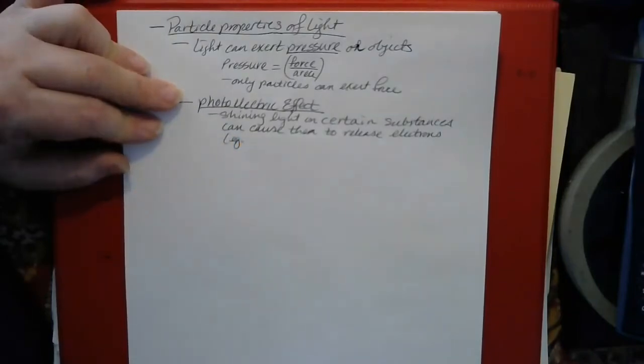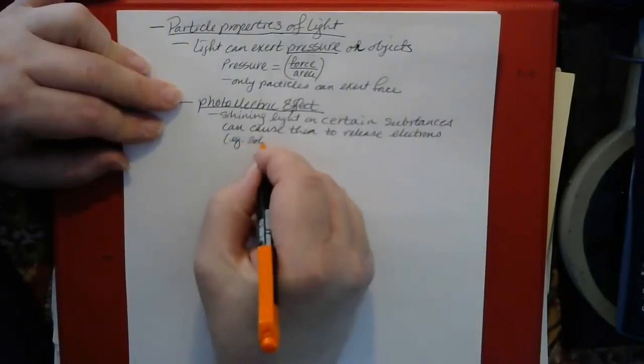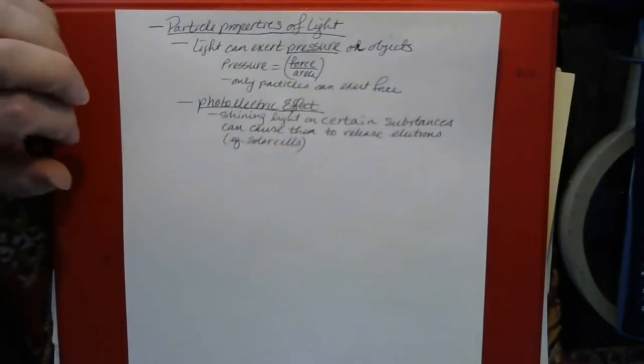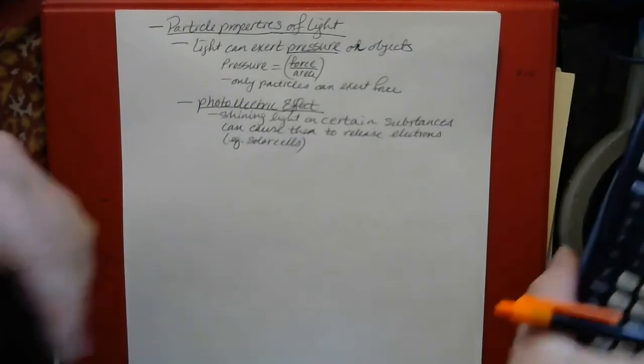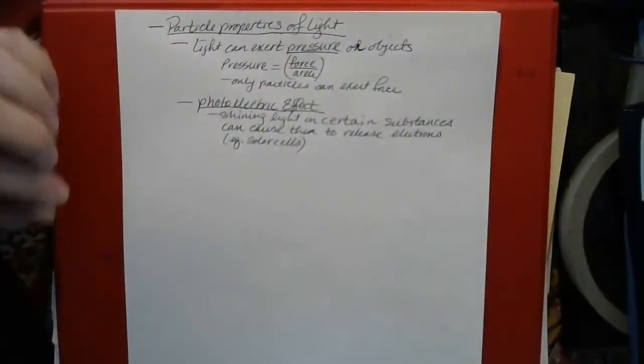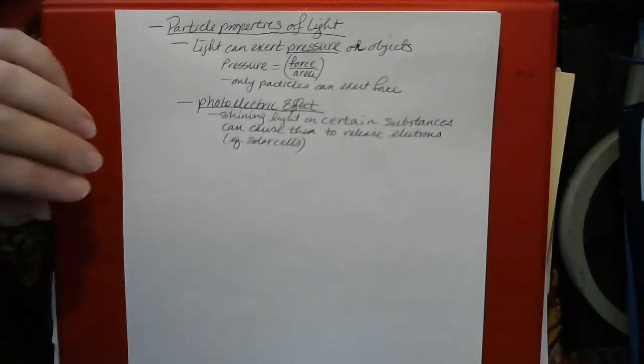A good example of this, of course, is solar cells. Solar cells that you might use for solar energy in a house, or even the solar cell in a calculator, would be a good example of the photoelectric effect.